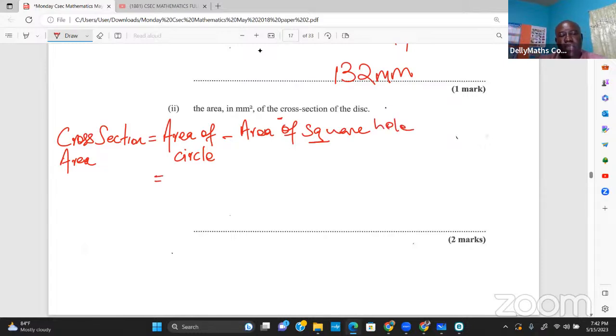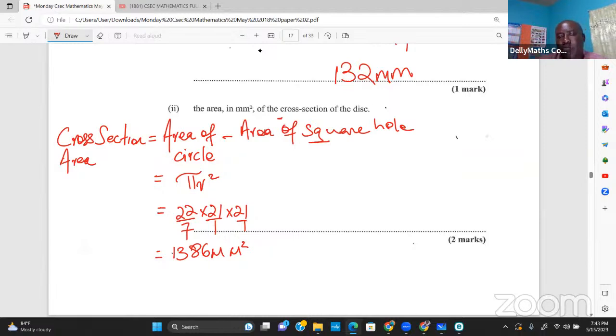So then, area of the circle, pi r squared. Let's work that out: 22 over 7 times 21 times 21. That's the area of the circle. And I'm getting here 1386, and this is mm squared.